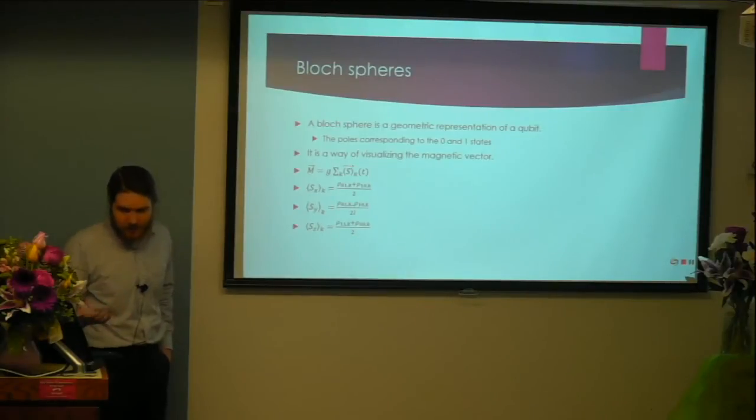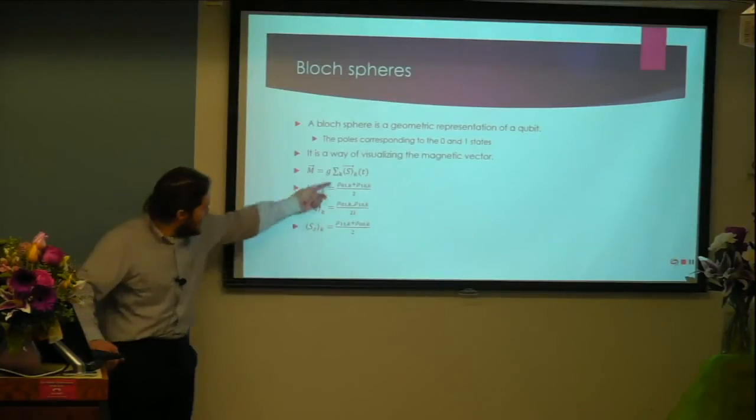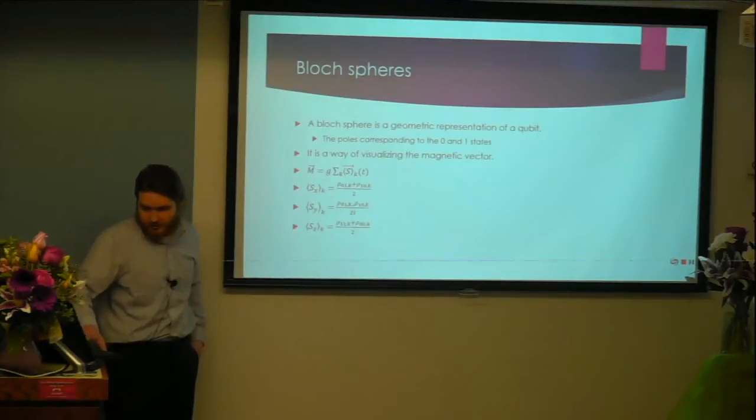So we have our magnetic vector equal to g summation of k of S_k of time t, where S_k is the combination of the x, y, and z components of the vector, which are controlled by these equations, which I will show later.